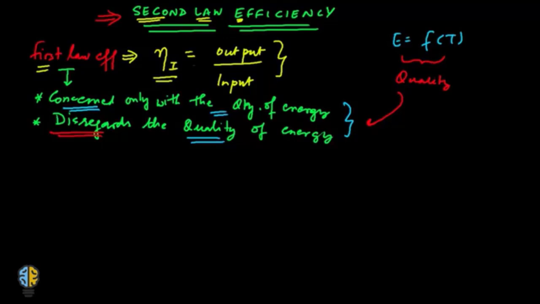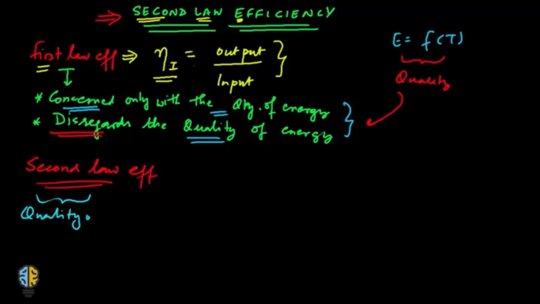Now this gives rise to a second law efficiency. The second law deals with the quality of energy, which means that the amount of energy varies upon the variation of the temperature at which it is available.